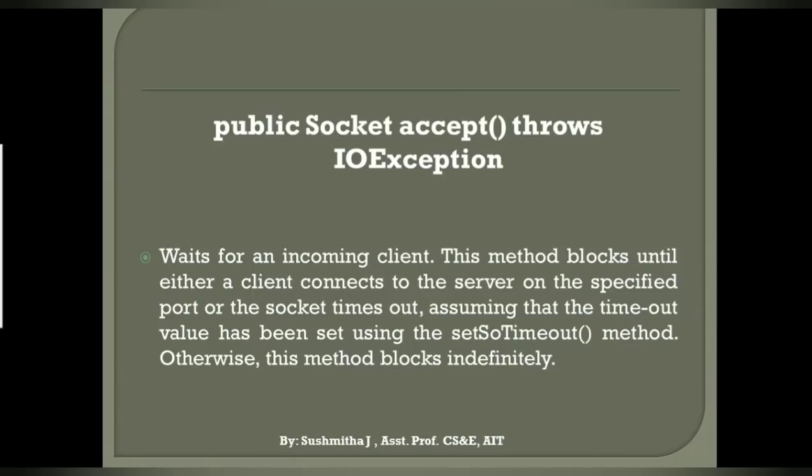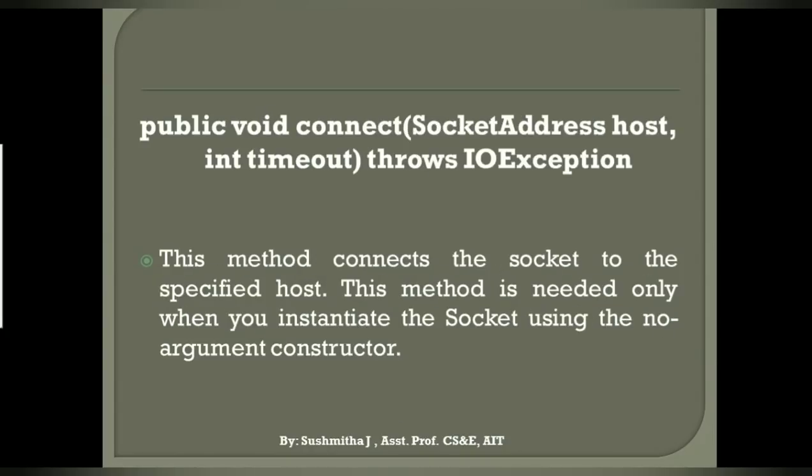This accept can also be time bound. You can set a timeout, that is, for how long the server has to wait for the incoming client. So as we have addressed earlier, this is used to accept the request that is coming from the client. The other one we have is the connect. Again, this is used only when we are calling a default constructor.